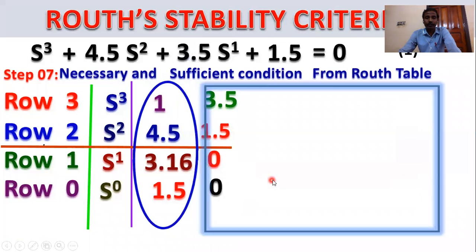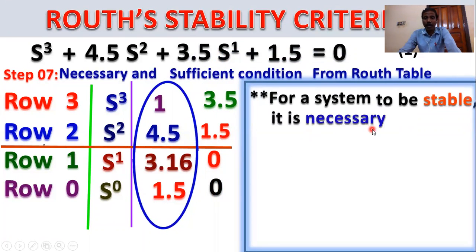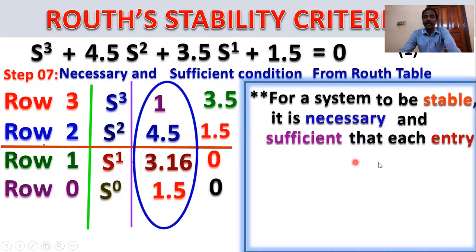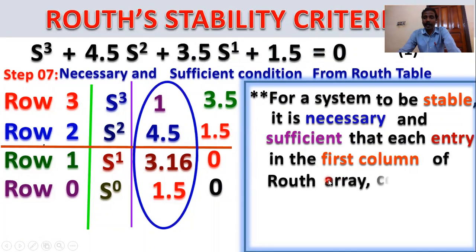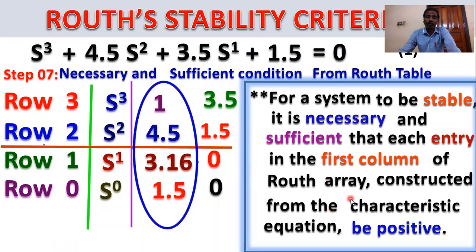For a system to be stable, it is necessary and sufficient that each entry in the first column of the Routh array, constructed from the characteristic equation, be positive.